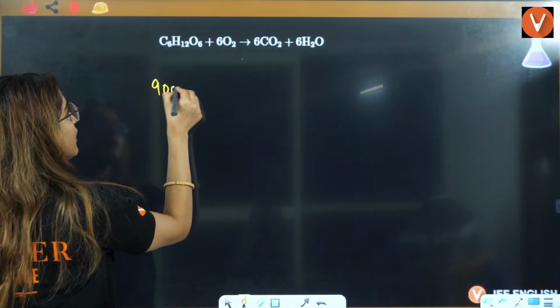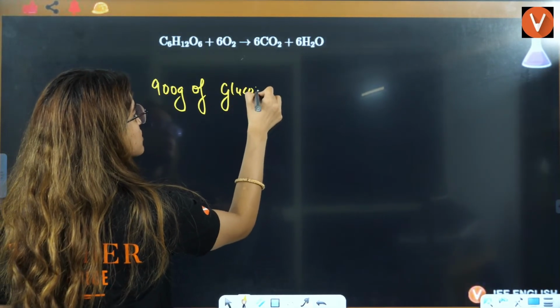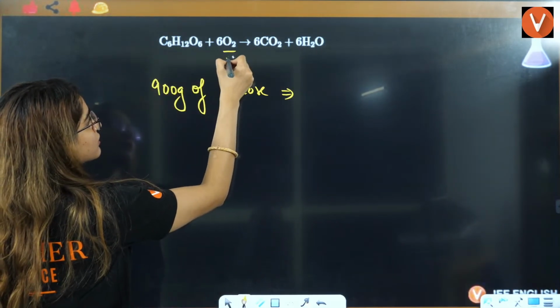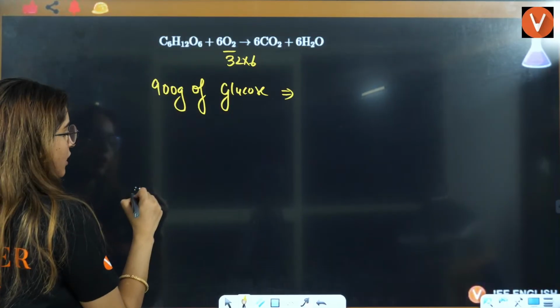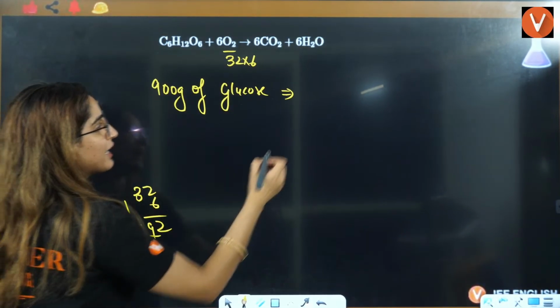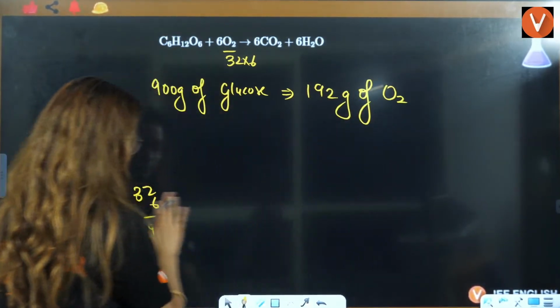So 900 gram of glucose requires how much oxygen? 32 into 6, that is 192 gram of oxygen.